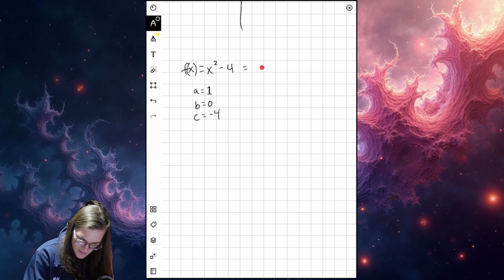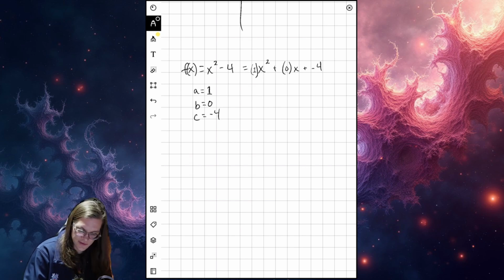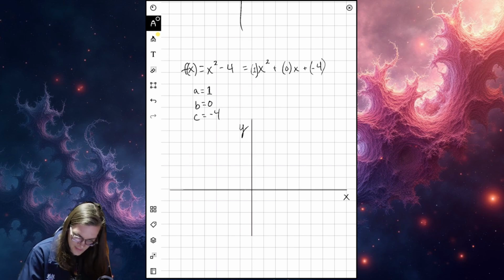So you could also look at it like this: 1 times x squared plus 0 times x plus negative 4. So that's why it looks like this, because the 0 times x is just 0. 1 times x squared is just x squared. And if I want to plot it, I can plot it by saying, okay, x squared, I'll do a set of x's and see what y's I get out.